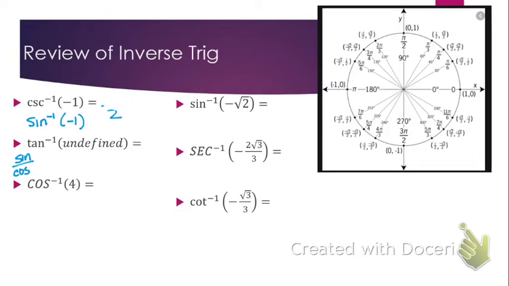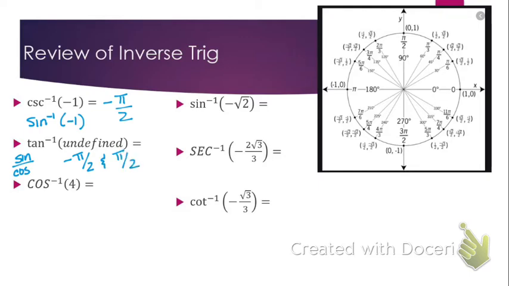Thank you. Because remember, our answers have to fall between -90 and +90. So 3 pi over 2 would not be right. Okay, so now that we got that fixed, because that's important, now let's look at the second question. So it would be 2 places. The first place is positive pi over 2, and the second place is negative pi over 2. So negative pi over 2 and positive pi over 2 are the answers to our second question.